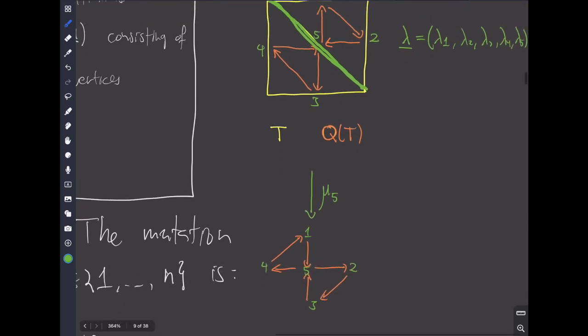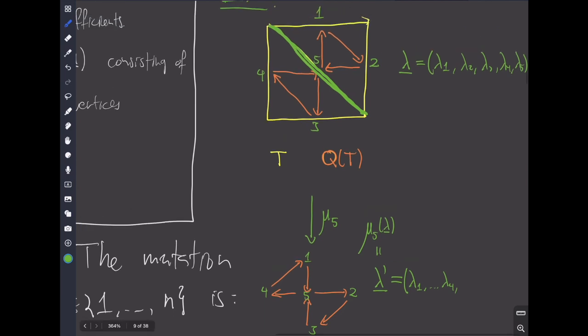So here, my lambda prime, let's say, or mu 5 of lambda, is, well, all the first 4 remain the same, and then only lambda 5 changes.